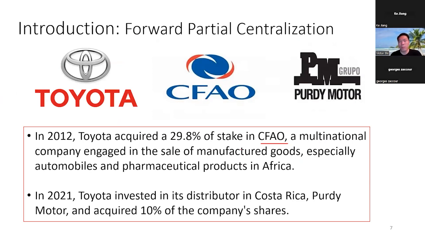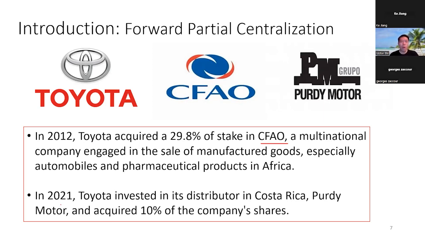Okay, so this company is basically a distributor, right? So Toyota is the manufacturer, the supplier. So supplier acquires about 30% of downstream firm. That's forward partial centralization, right?